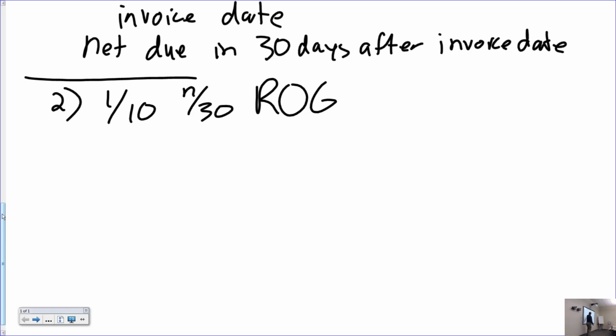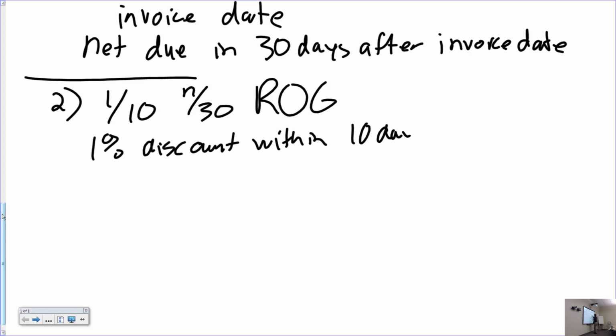So that 3-letter acronym is basically how you tell the difference between standard and receipt of goods, okay? And note that the technique, though, is exactly the same, okay? So this is a 1% discount within 10 days of receiving the goods.